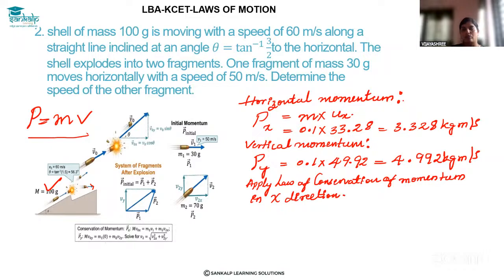Okay, so the first fragment moves horizontally, right? So its horizontal momentum, I take it as p1x, of the first fragment, which is equal to mass. How much have they given? 30 gram. We took it as m1, which is 30 gram, which is 0.03 kg.